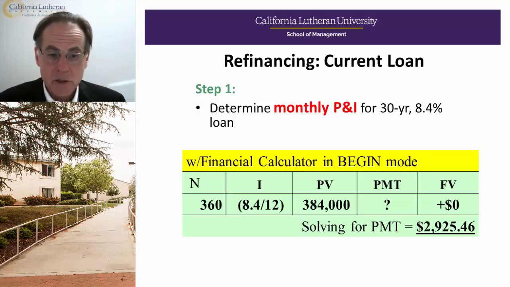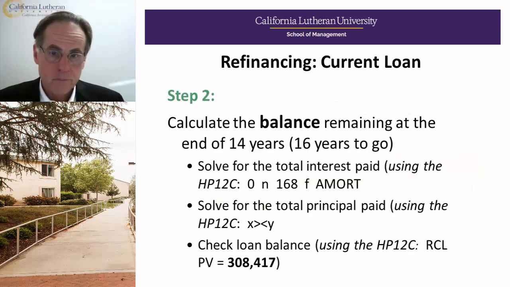The monthly interest would be 8.4 divided by 12. The PV, and that was the amount of the original loan, was $384,000. Since it's amortized, the future value will be zero. Solving for that payment, we see it's $2,925.46.